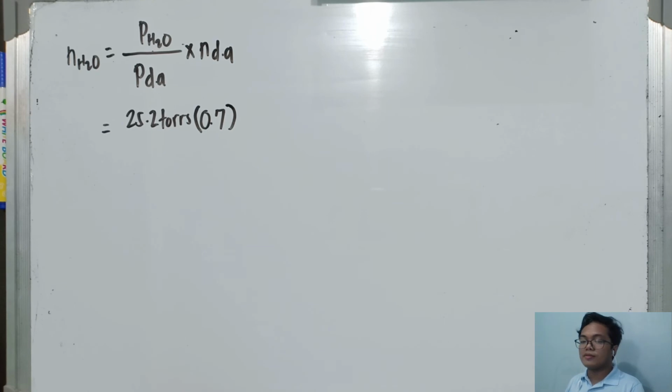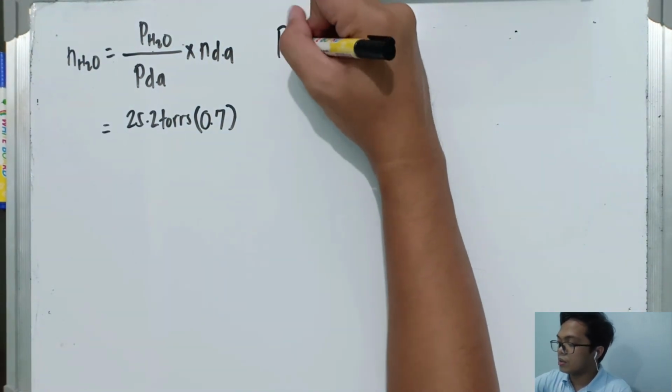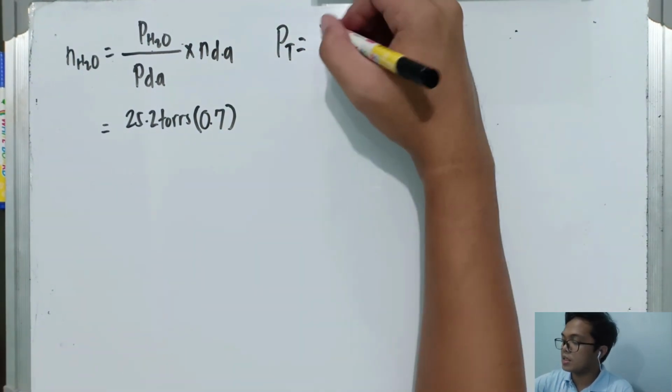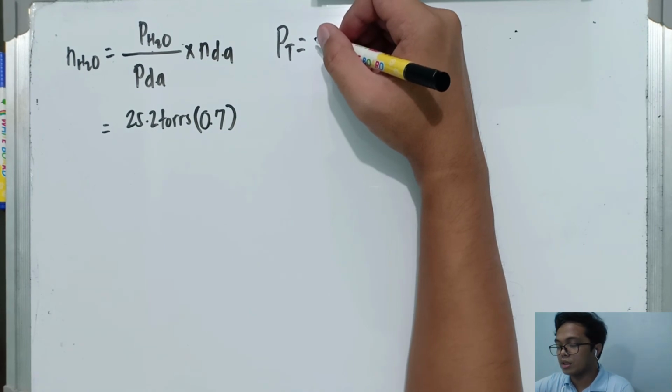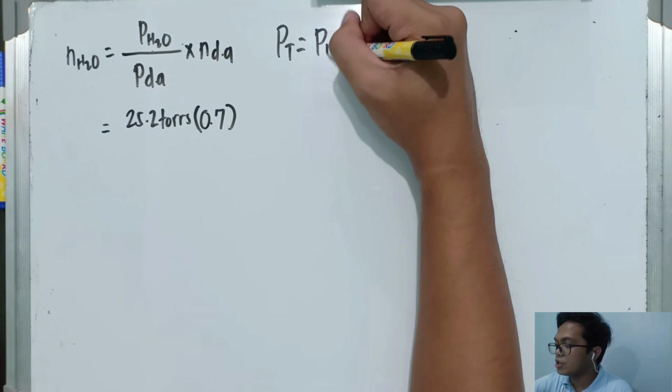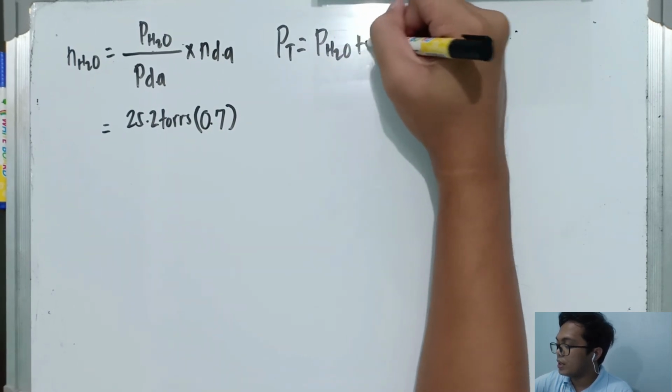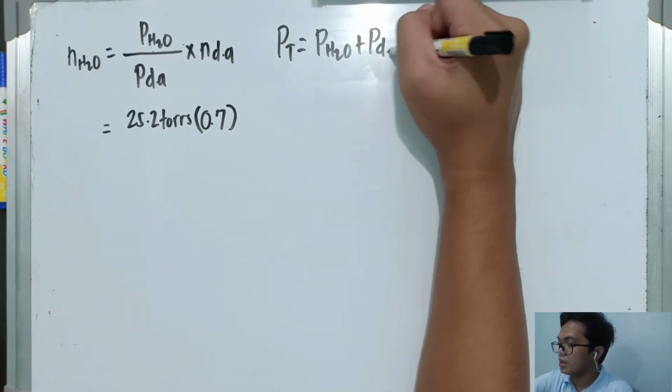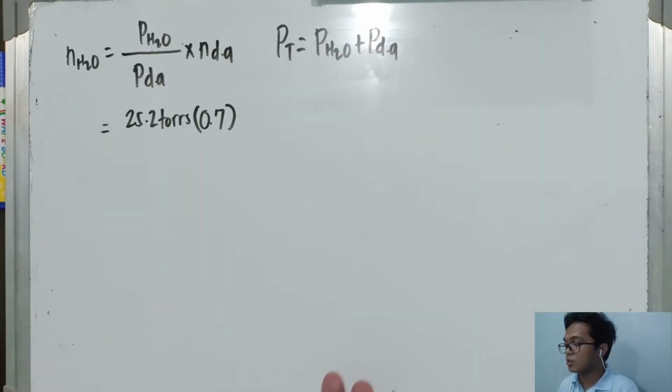As for pressure of dry air, we don't actually have that, but if you can remember, the pressure total of a gas is basically just the sum of the pressure of its components. So that's just going to be pH2O plus the pressure of dry air. So that's the pressure total.